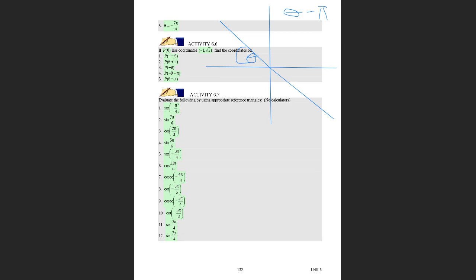Then you get theta minus pi. So it will remain here. In the fourth quadrant, x is positive, so you are going to get 1, and y is negative, so you are going to get negative square root 3. Then we have this.